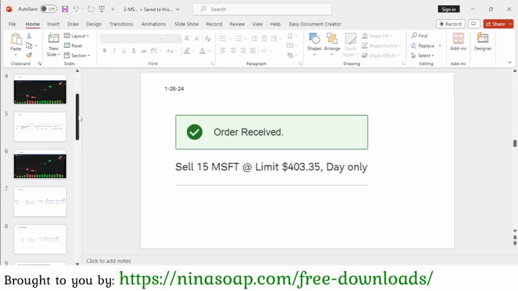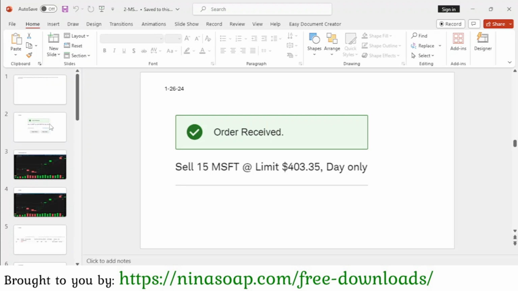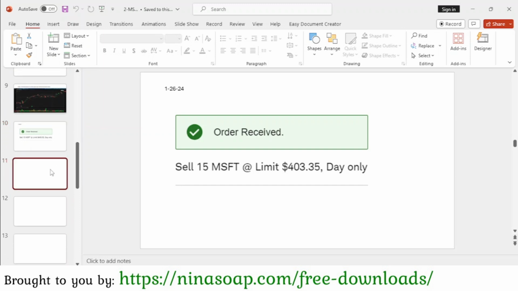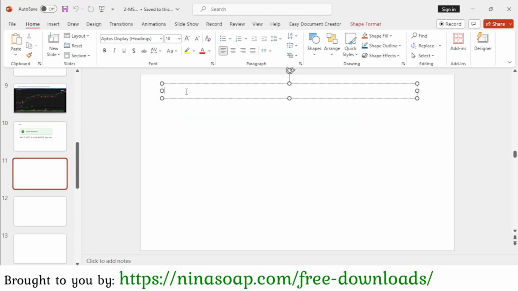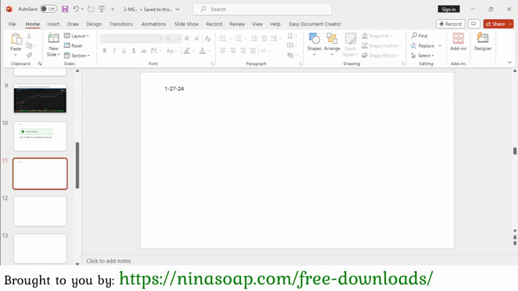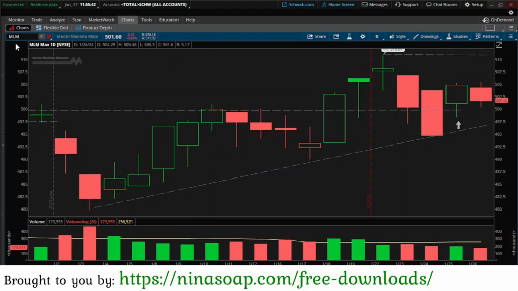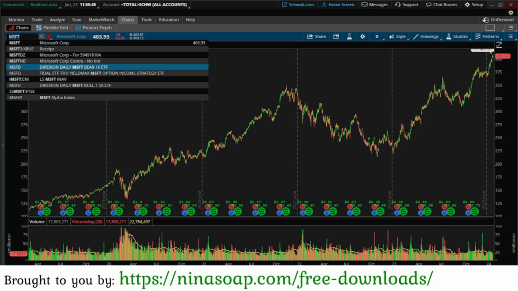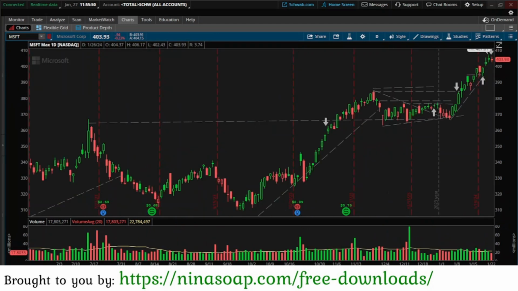Okay, so let's go through the journey then. At this point we sold it. What I will do is just add the chart, to see if it went up after we sold it or went down after we sold it.